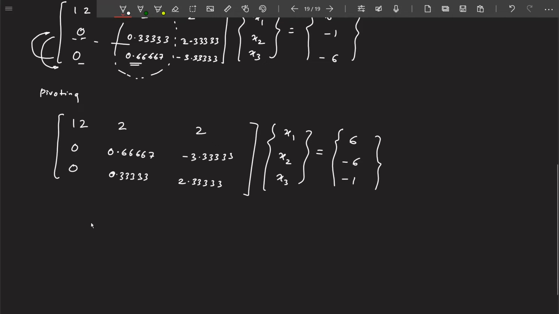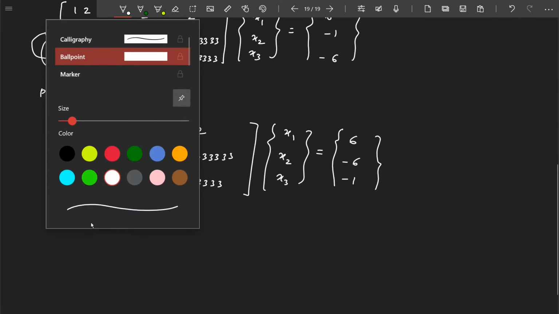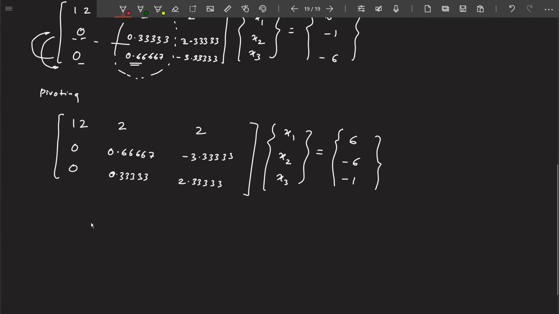So once you have performed pivoting, now you have to make this element 0. To make this element 0, we are going to make use of this row, that is your second row.